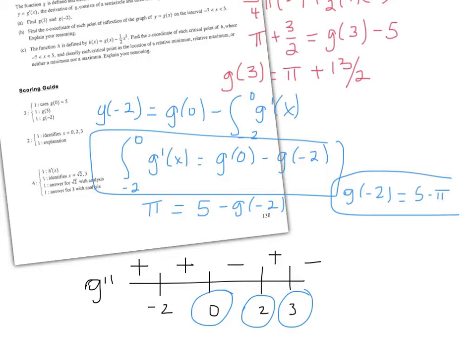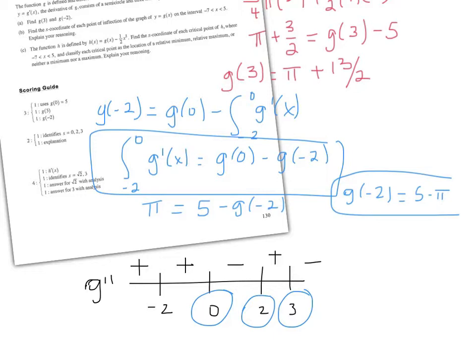So you'd have to write all that out, and then you could say, therefore there are points of inflection at 0, 2, and 3. Another way you could say it is you could just say, points of inflection exist at 0, 2, and 3 because g double prime changes sign, and that would be enough. So when you talk about g double prime, like points of inflection, you can just say changes sign.